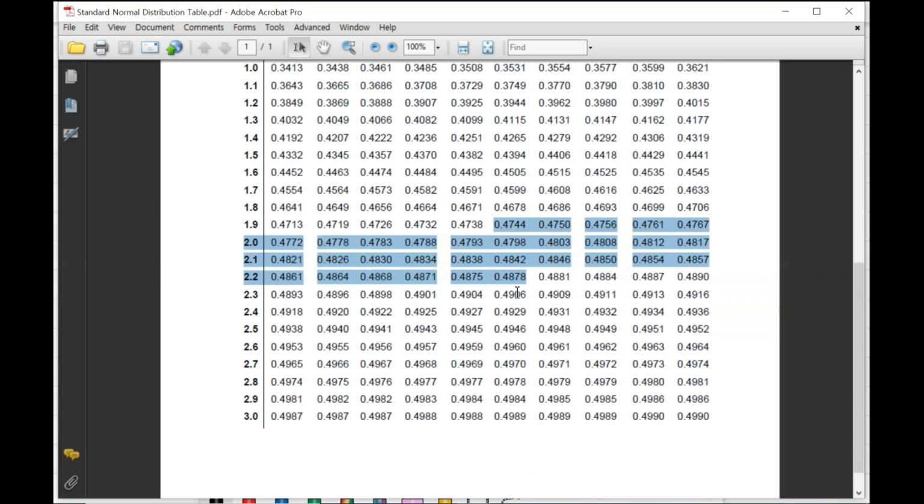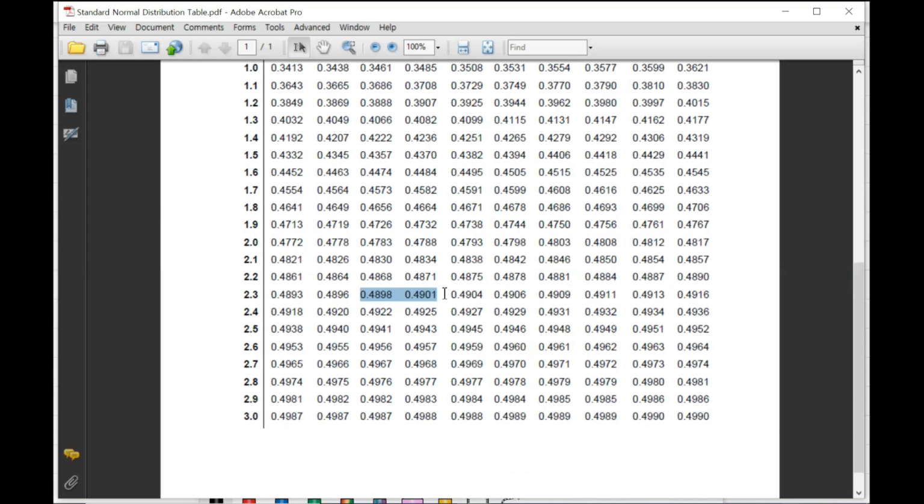So where's the closest one to 0.49? I can see it is between 0.4898 and 0.4901.